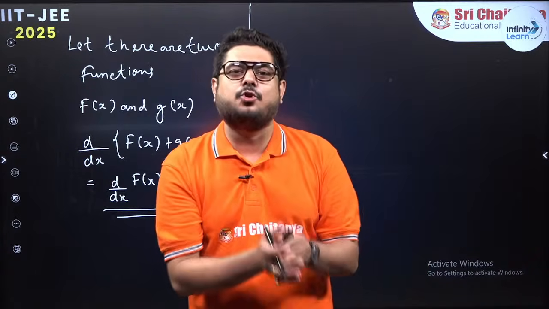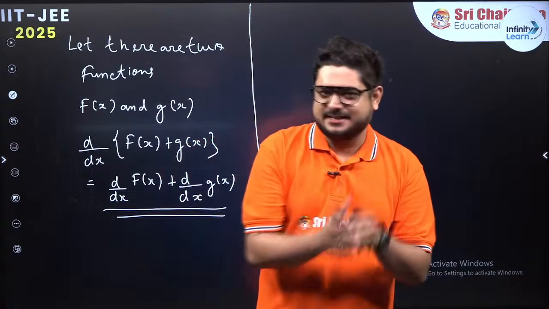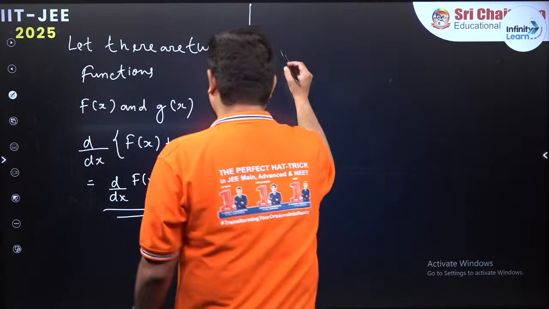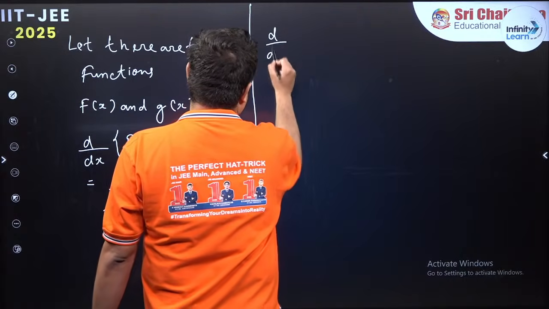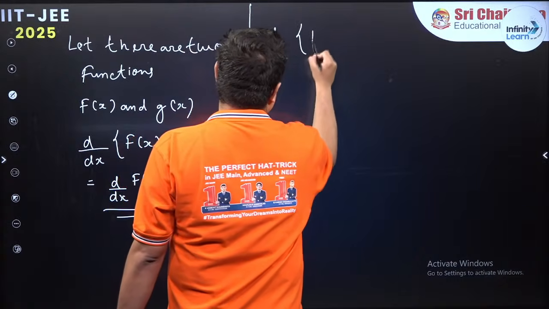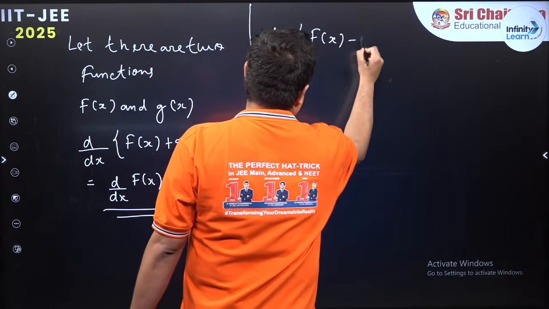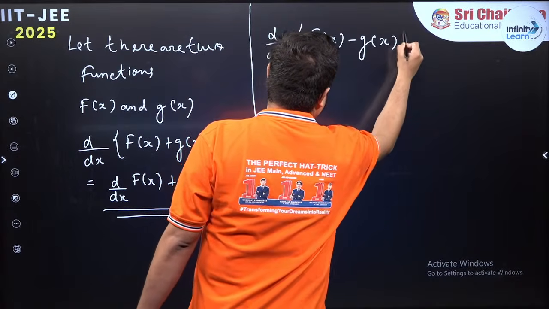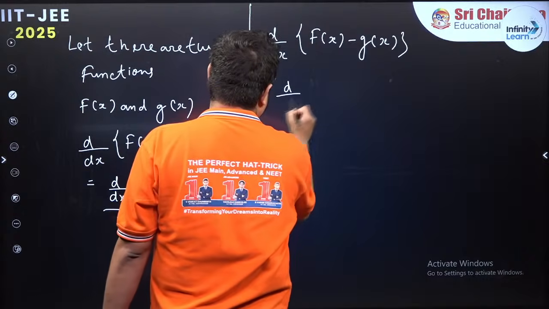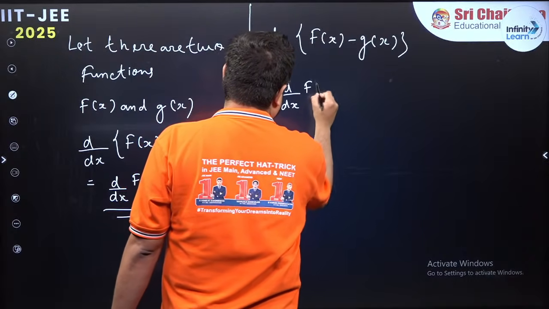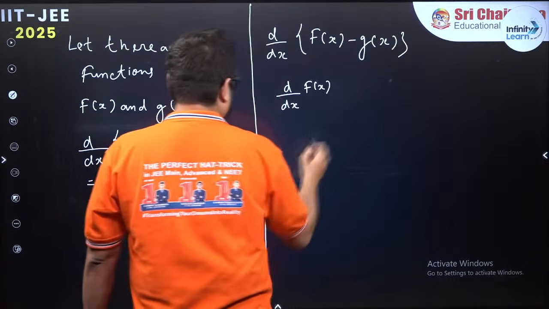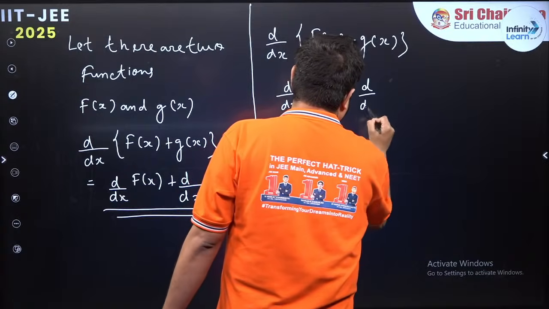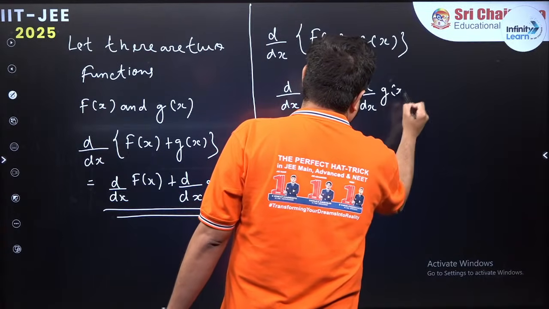So we need to know the theory first, isn't it? So in a similar way, if I am trying to perform d by dx of fx minus gx, this is going to be written as d by dx of fx minus d by dx of gx.